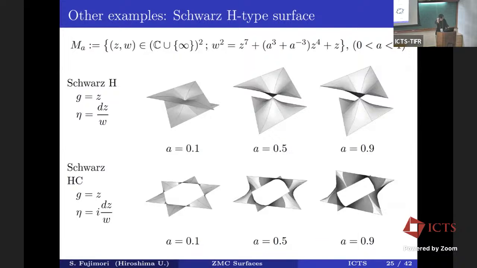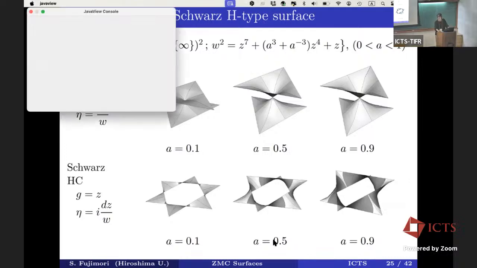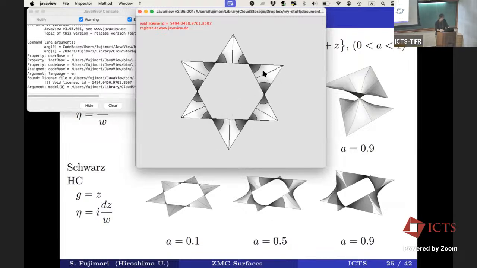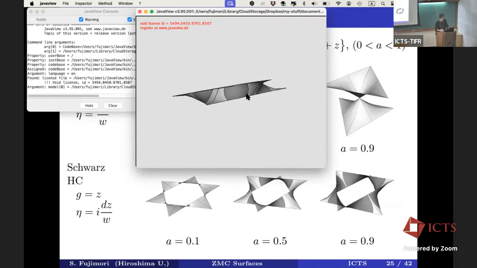Then again we can extend the surface, and we have this surface as a mixed type zero mean curvature surface in L3. The white part is space-like, and the black part is a time-like minimal surface.